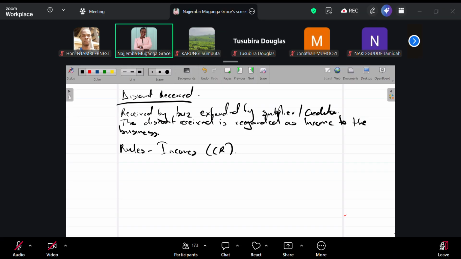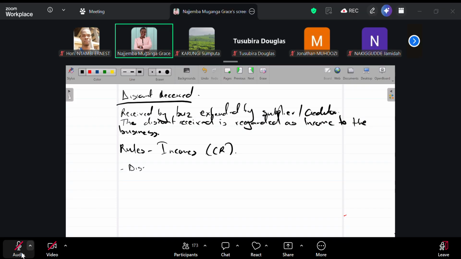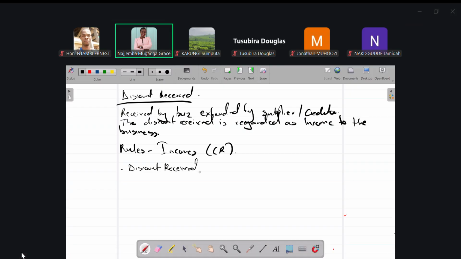Now, members, it's from this that we shall conclude and say that a discount received column is posted on the credit side of the cash book.